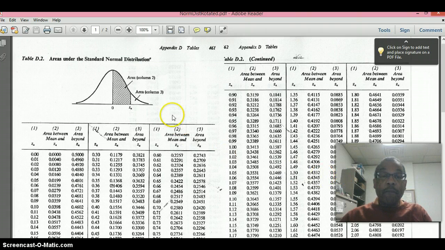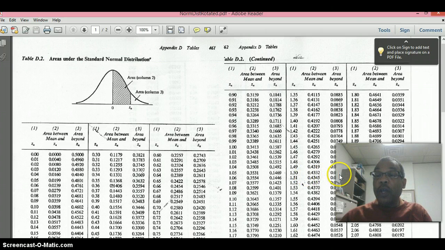Let's try that again. We have a mean score of 100 and a score of 115, which brings us out here. And the question asks us for 115 or greater, which means 115 or more, so we have to look in area column 3. The first step is to convert that score to z-score units, which we did, and when we converted it, it was 1.5.